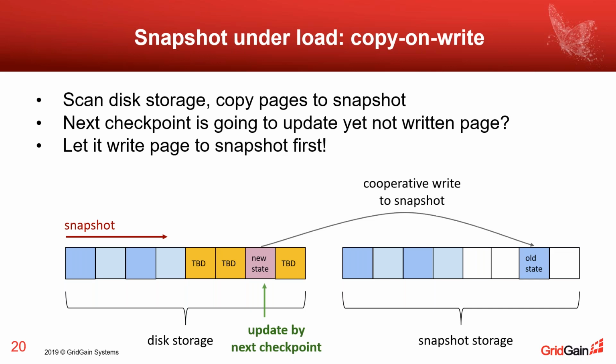So what we can do here is the following. Imagine that the next checkpoint comes and it wants to write a page that wasn't written by snapshot scanning yet. In such case, the checkpoint process will help the snapshot process, and it will perform a cooperative write to the snapshot directory. It will write the old state of the page to snapshot storage, and then overwrite the old state of the page in disk storage with the new state. So at last, all pages, one way or another, will appear in snapshot storage.